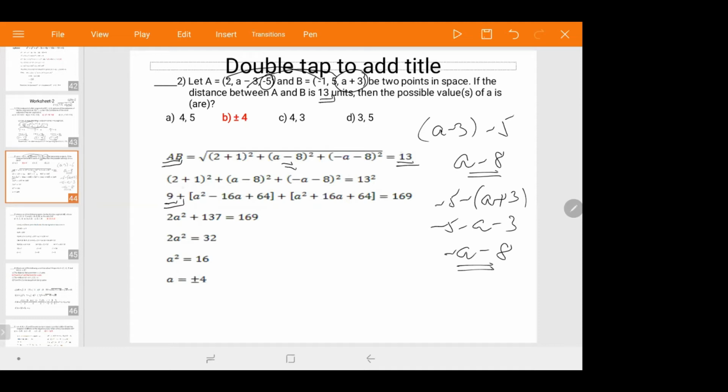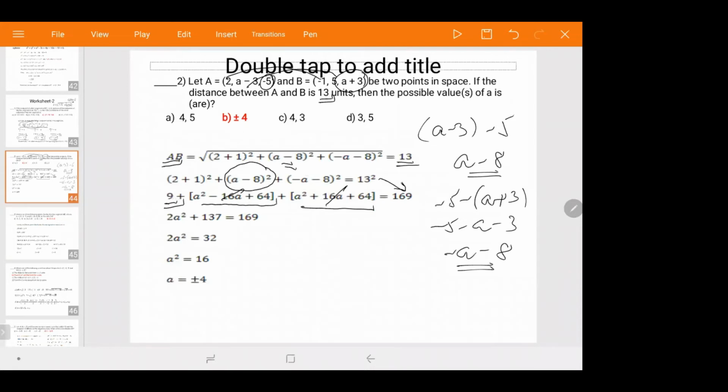So squaring both sides, we have (2 + 1) squared, that is 9, plus when we expand (a - 8) squared, we have a² - 16a + 64, plus (-a - 8) squared. When you square this, we have a² + 16a + 64, equals 13 squared, that is 169. Now, a² plus a² is 2a², and -16a plus 16a cancel out.